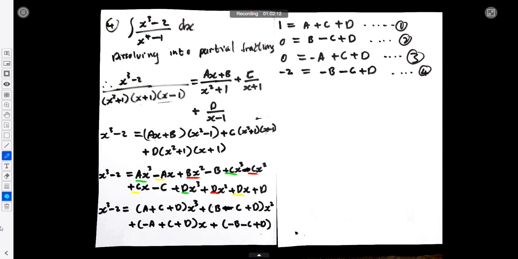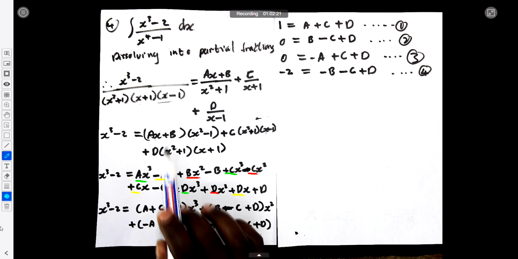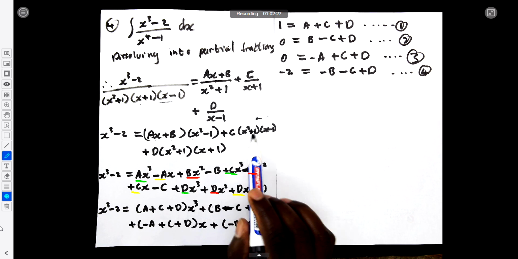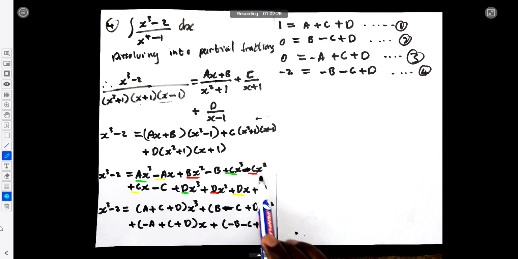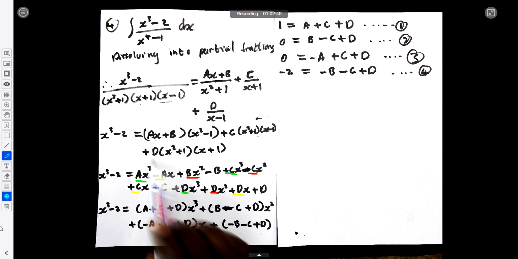Always make sure you rectify from the multiplication, you restart again after having the equations. And please be fast and multiply. It says x cubed, negative x, bx squared, negative b, then cx cubed, then negative cx squared, x times c, cx, negative c, it is still fine, x cubed, dx, then we have dx squared, 1 dx, plus d.